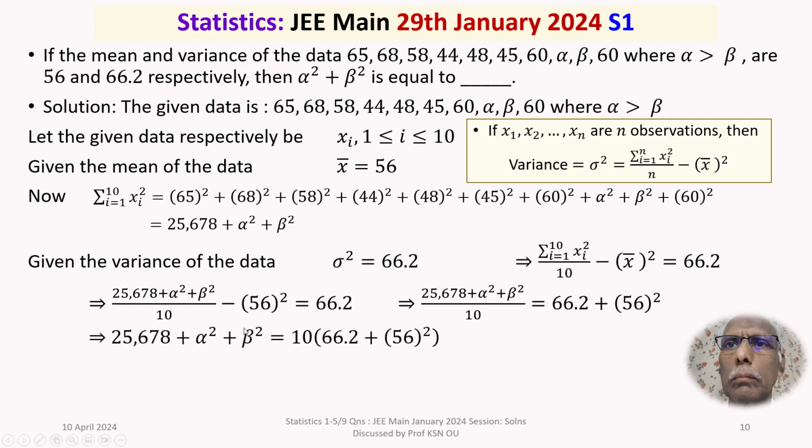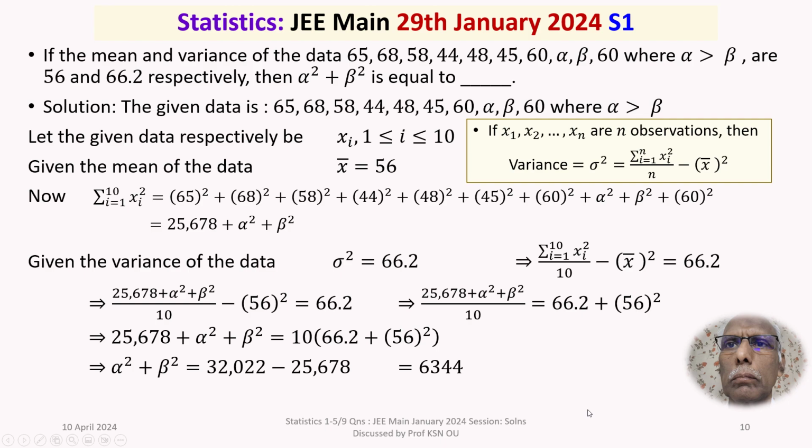25,678 plus alpha square plus beta square, cross multiply, 10 times 66.2 plus 56 square. If you multiply 10 times 66.2 plus 56 square, you will get 32,022. Minus this 25,678 sent to the right hand side, on subtraction we get 6,344, that is alpha square plus beta square.